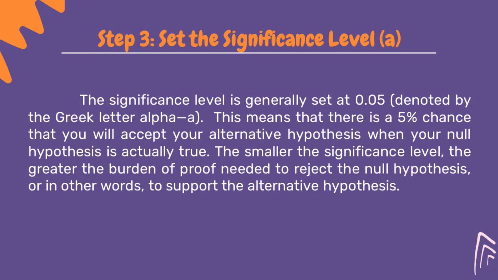This means that there is a 5% chance that you will accept your alternative hypothesis when your null hypothesis is actually true. The smaller the significance level, the greater the burden of proof needed to reject the null hypothesis, or in other words, to support the alternative hypothesis.